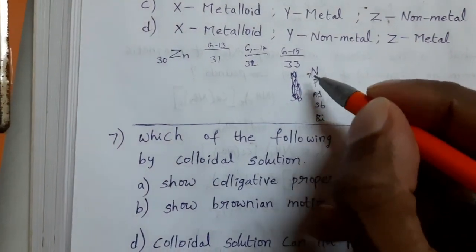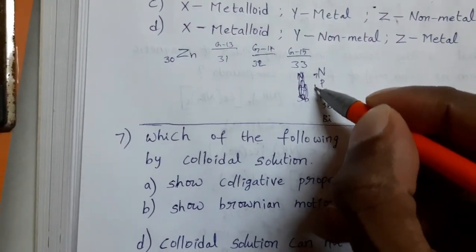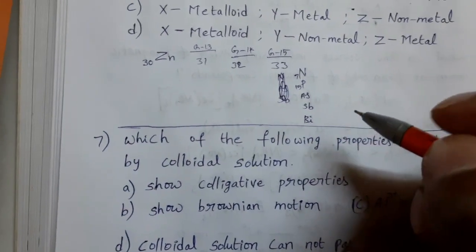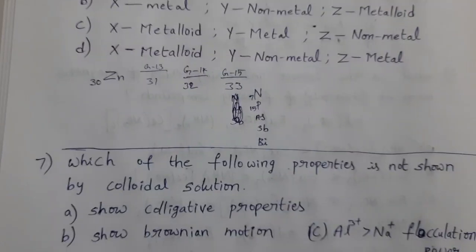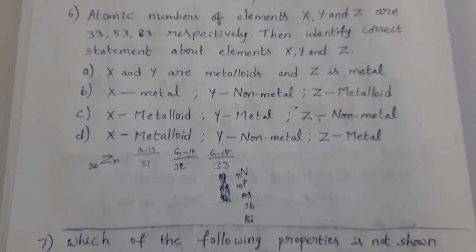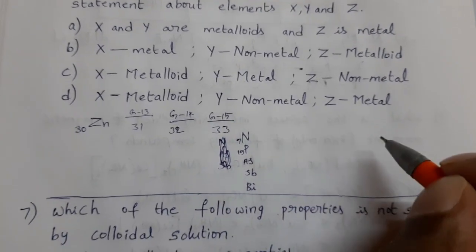Nitrogen atomic number 7, phosphorus atomic number 15, arsenic atomic number we don't know, but we can get it in a simple way. Already we learned magic numbers. What are magic numbers?